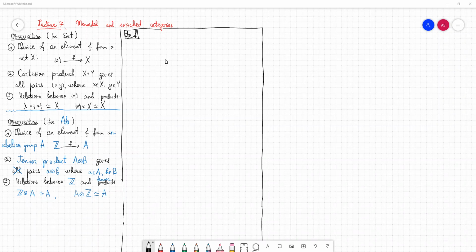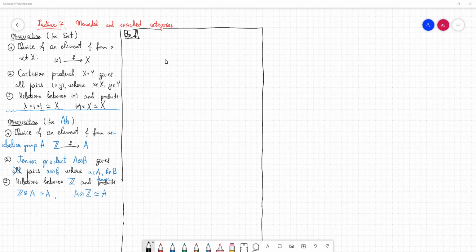Therefore, I decided to start with a definition of a so-called monoidal category. And to jump into this definition, I want to look first at two observations, one for the category of sets, one for the category of abelian groups, that we all know, but they can give us a hint why we do it precisely this way, not the other one.